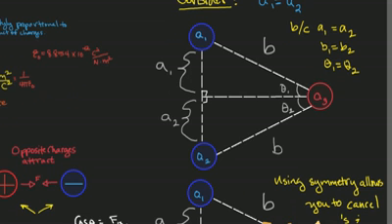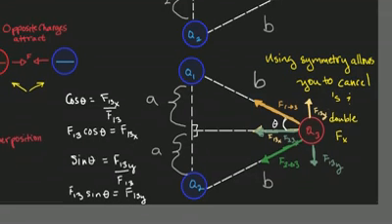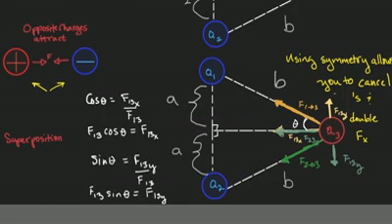So when we look at the force diagram, it would look something like this. And you should note that because Q1 and Q2 are the same distance away from Q3, and because they're the same magnitude, their y components will cancel out. Okay? This 1, 3 force will be exactly the same as this 2, 3 force.